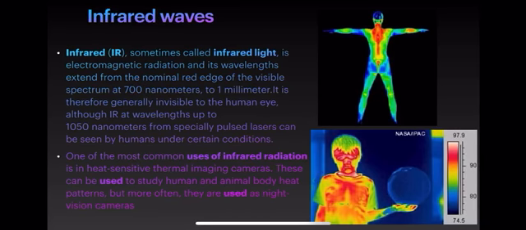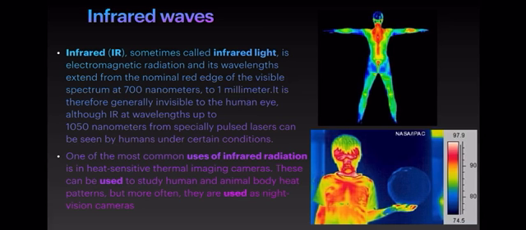Moving on to infrared waves, or IR, sometimes called infrared light, is electromagnetic radiation, and its wavelength extends from the nominal red edge of the visible spectrum at 700 nanometers to 1 millimeter. It is therefore generally invisible to the human eye. Although IR at wavelengths up to 150 nanometers from specially pulsed lasers can be seen by humans under certain conditions.